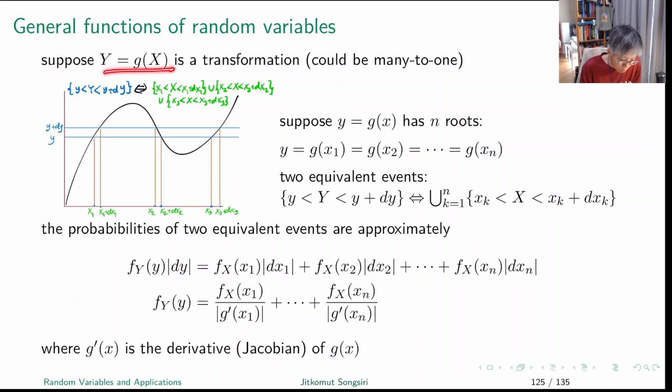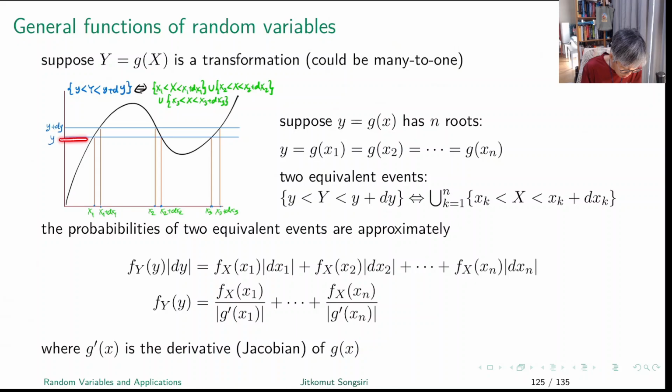Now we look at y as a function of x, and this g doesn't have to be 1 to 1, it can be many to 1. Which means that when the value of y is given, we can solve for x in terms of y, and that can have many roots. Suppose that we have n roots, and that's what we mean by a many-to-one function.